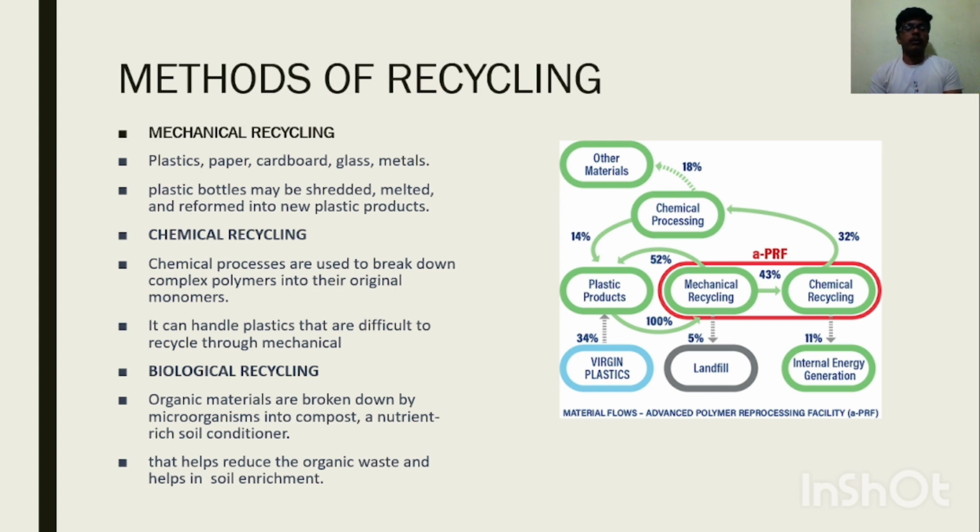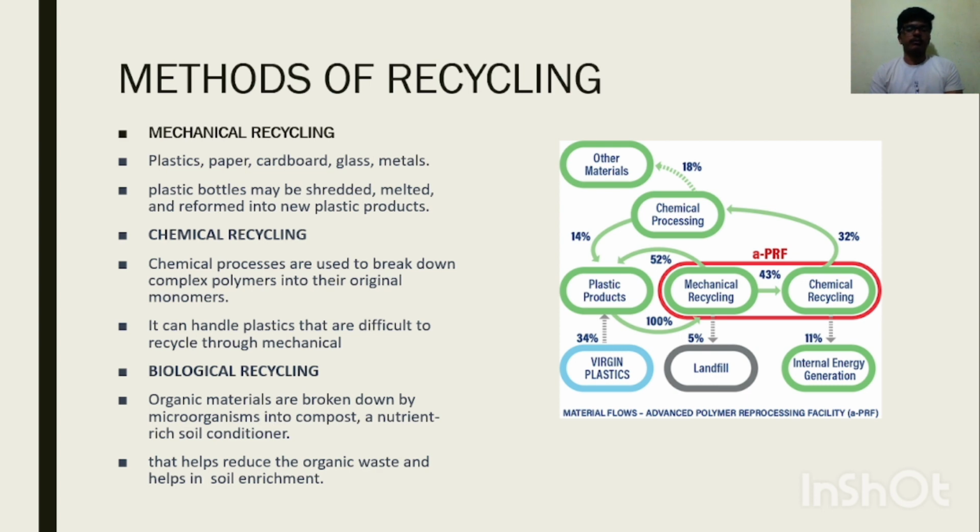Next we have biological recycling. Organic materials are broken down by microorganisms into compost, a nutrient-rich soil conditioner that helps to reduce the organic waste and helps in soil enrichment.